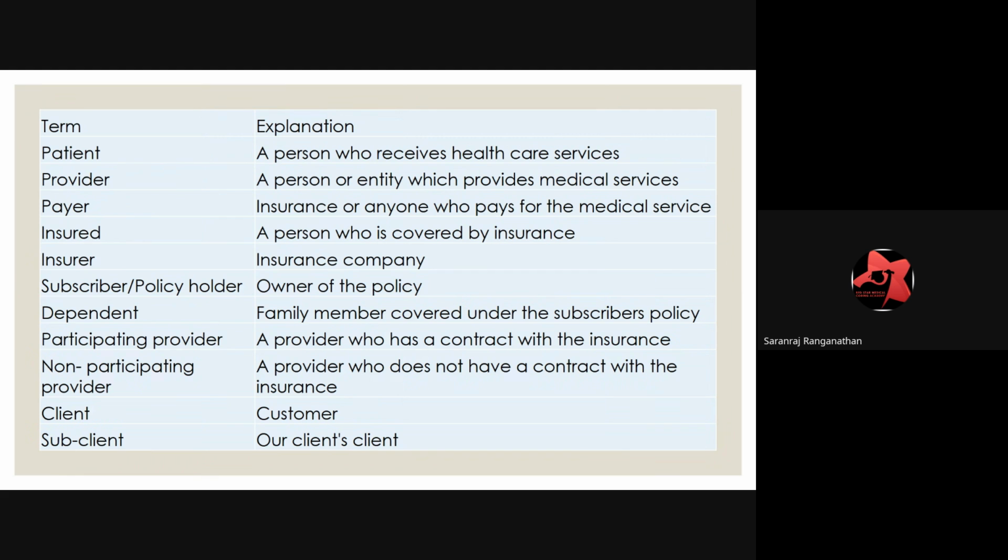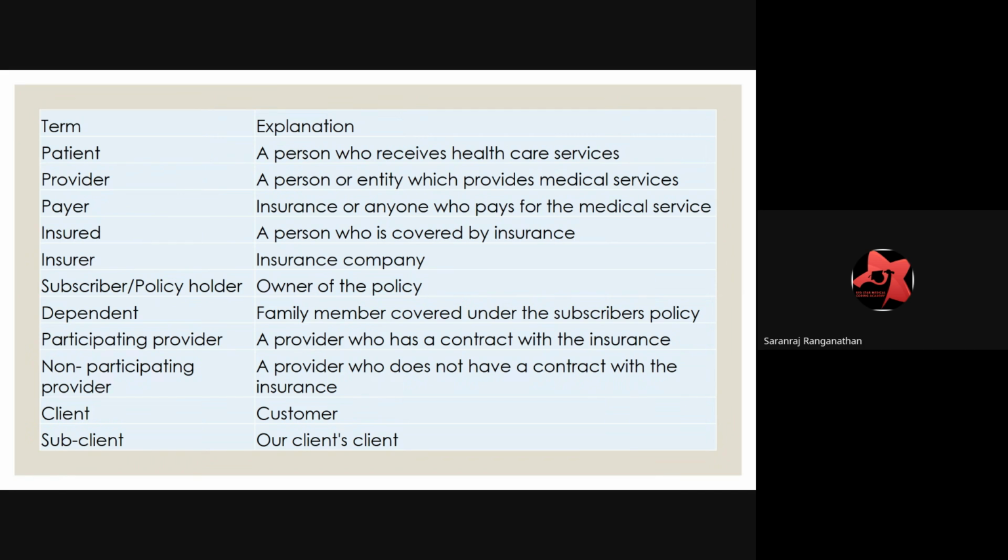For example, in many places the insurers give a list of hospitals, saying these hospitals only we will pay. Like that, they have a contract between them. If they don't have that contract, they won't make payment to the particular hospital.